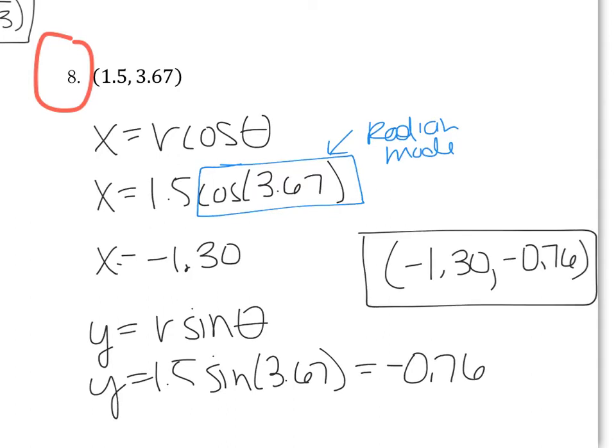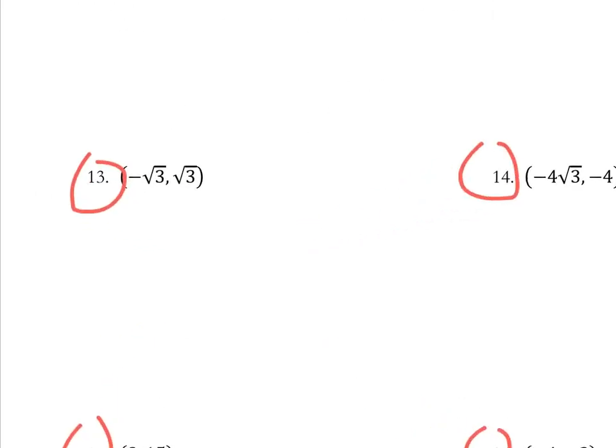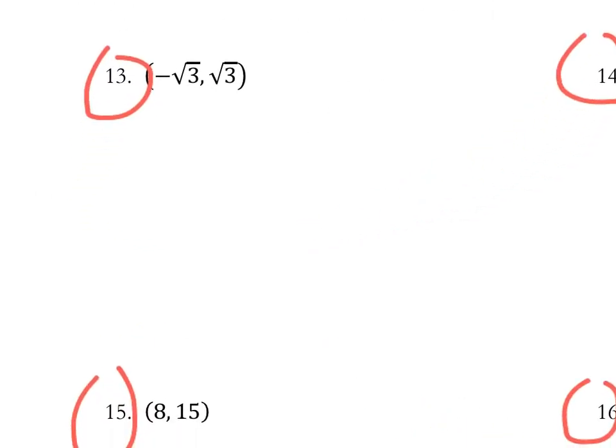Alright, let's try some from the back. We're going to look at the whole bottom section here. I'm just going to go over all of them, so if you don't need all of them, just skip to the ones that you need. So here is 13. We're trying to go from rectangular to polar, so we're trying to change it to r's and thetas.